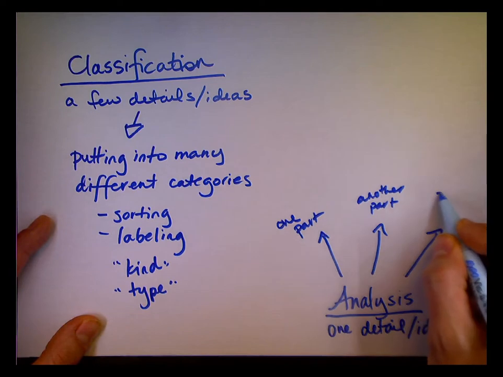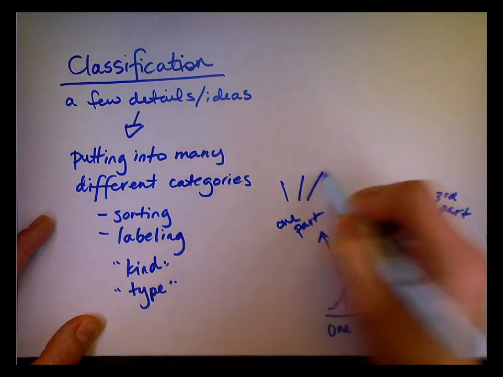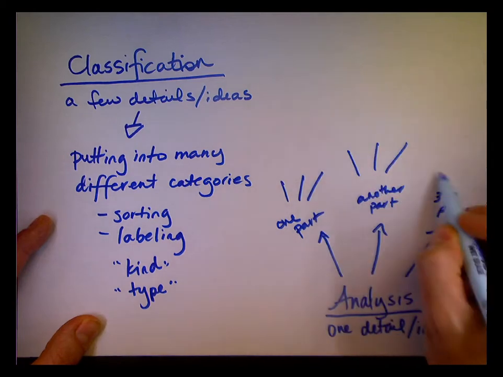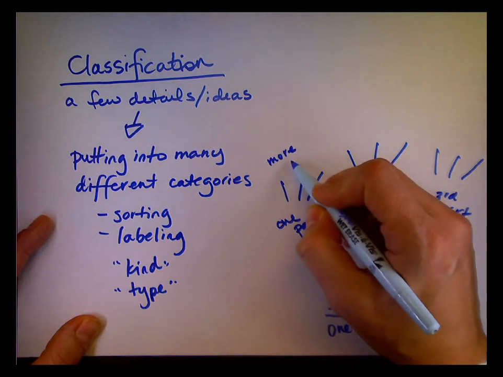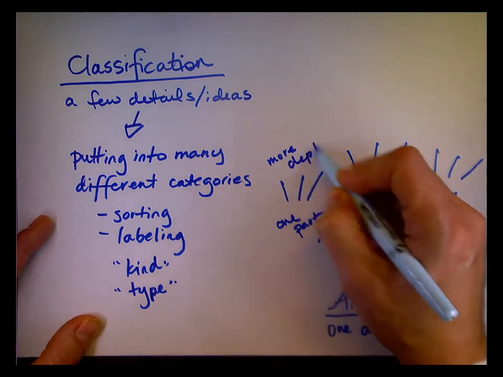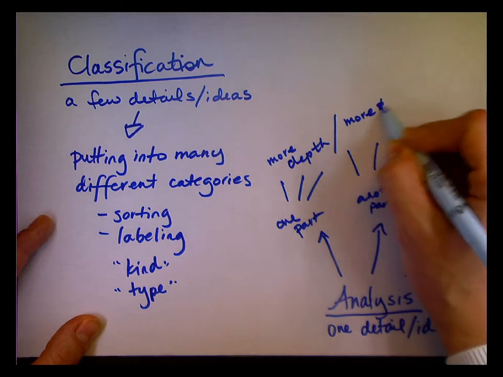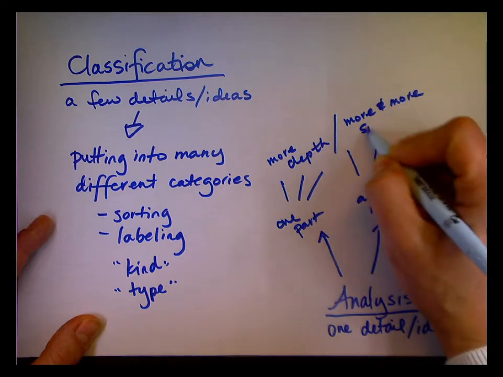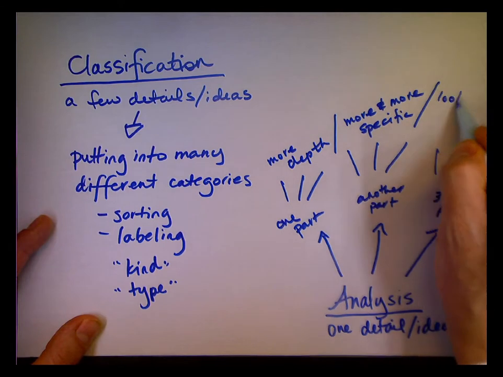So you're kind of analyzing that one thing. In other words, you are showing each and every little piece. You're going more in depth. You're giving more and more specifics.